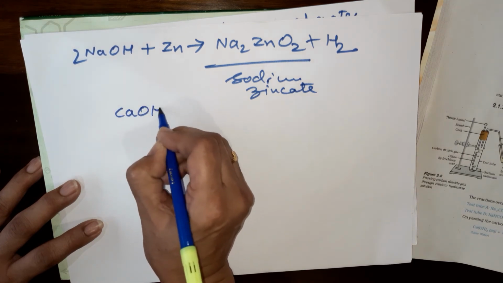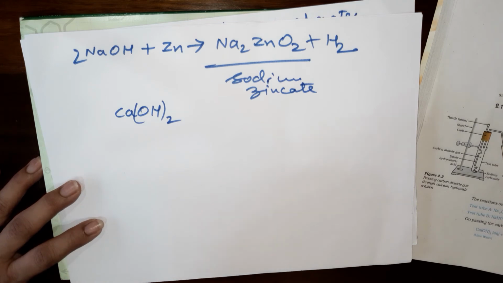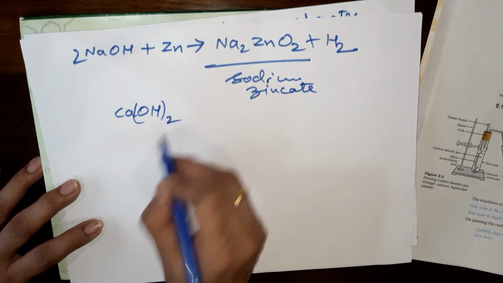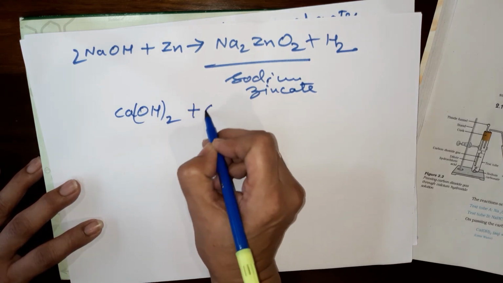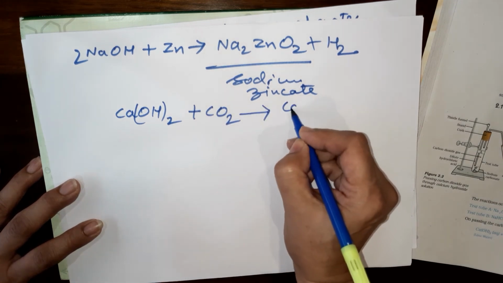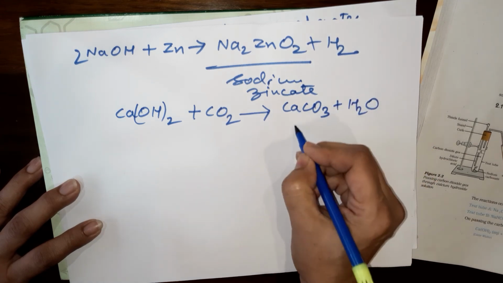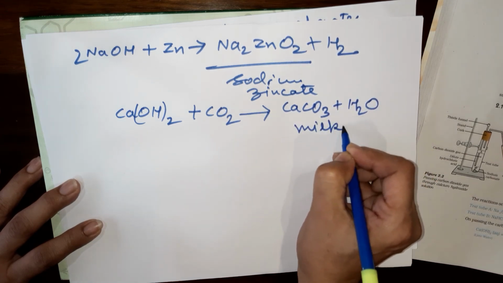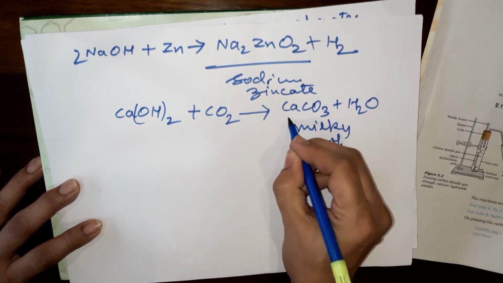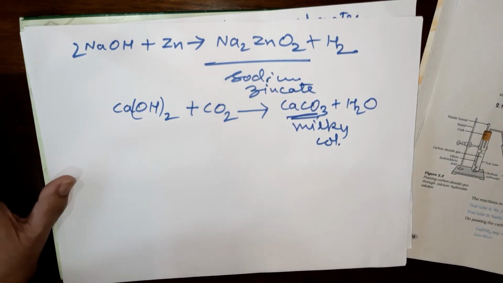It is colorless, but if you pass CO2 gas in it for a long time, it will form CaCO3 and H2O. Thus it turns milky. This milky color is because of the formation of calcium carbonate.